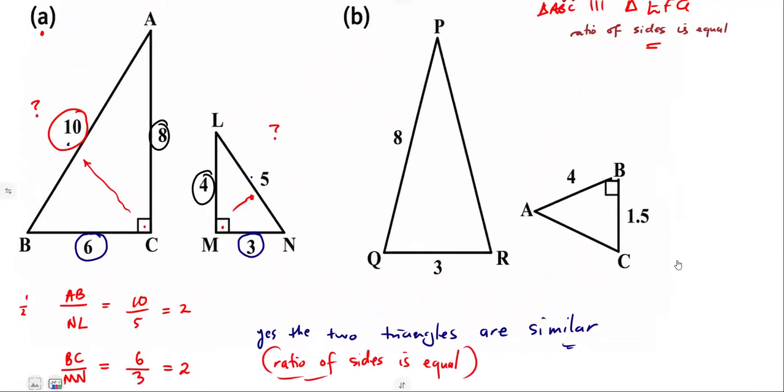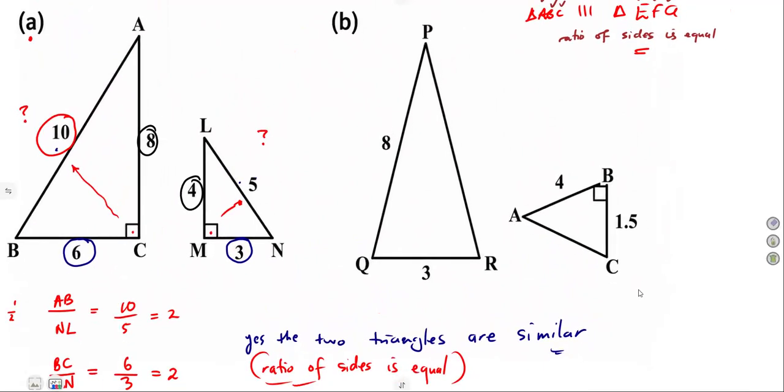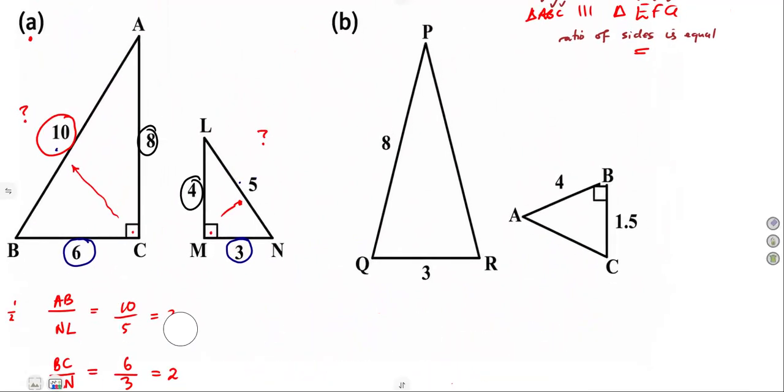That is why on part B you are just given two sides: the third side will correspond to the same ratio as the other two. If the first two give you the same ratio, the third one is also going to be the same ratio. So in our case, we had A, B, C.